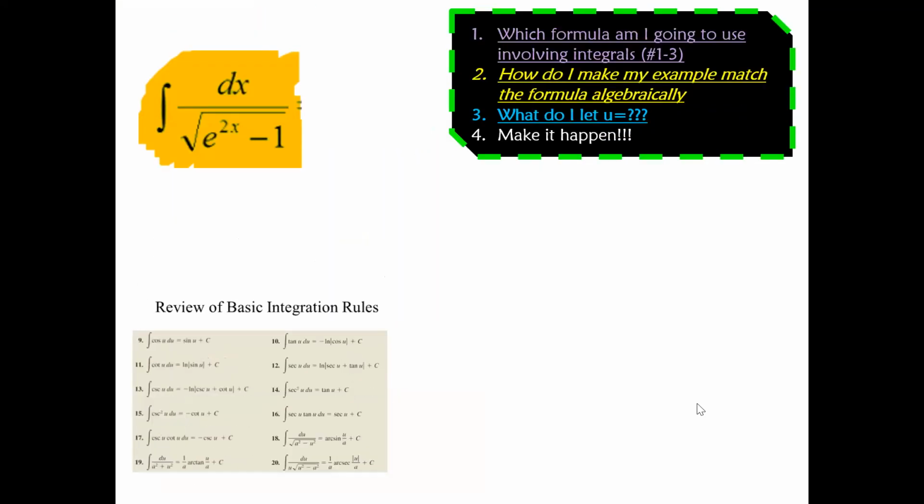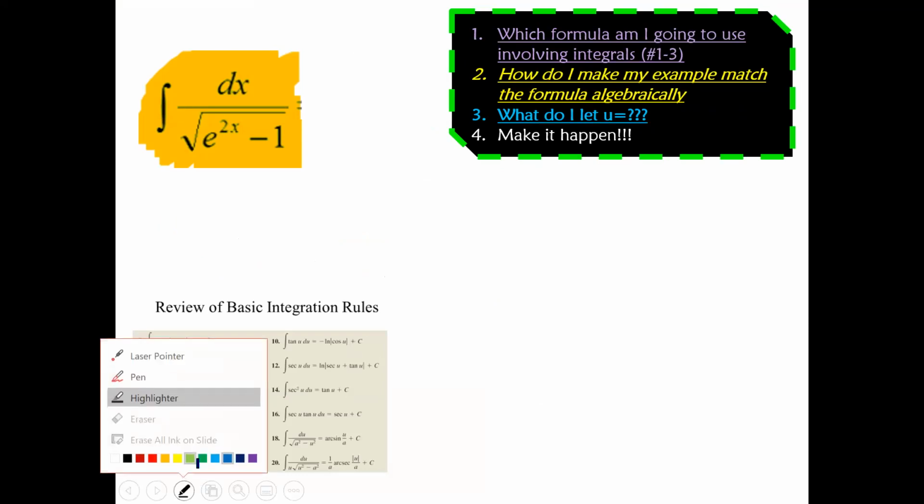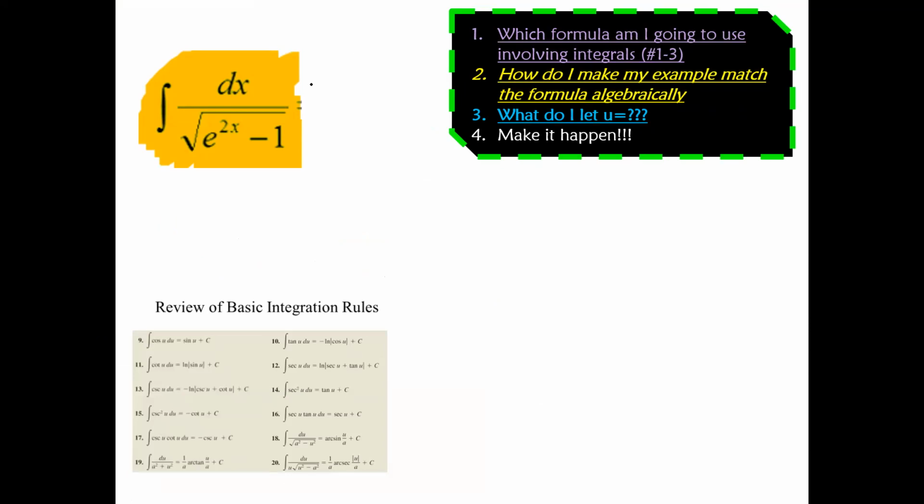All right, let's go ahead and take a look at what we have here. So looking at this, I want to go ahead and see which equation it's closest to. Initially I want to say arcsine, but eventually you're going to see that one's not going to work and you're going to have to use this one.